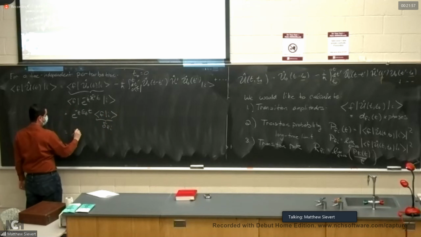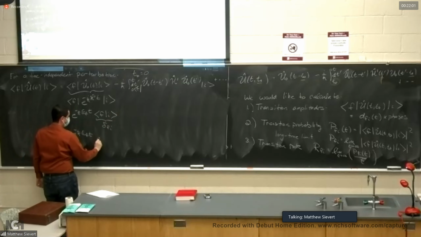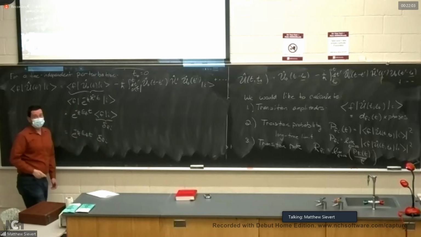So this is e to the minus i over h bar, E final times time, Kronecker delta, final state equals initial state.